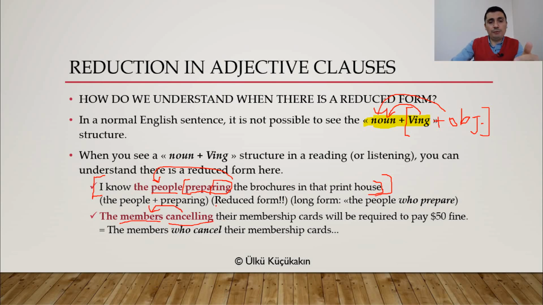So members plus verb ing shows that there's a reduced form here, and all of it together with these objects up until will be required. Will be required is your main verb. All the other parts here are your subject. So the members who cancel their membership cards, that's your subject. Will be required is your verb.